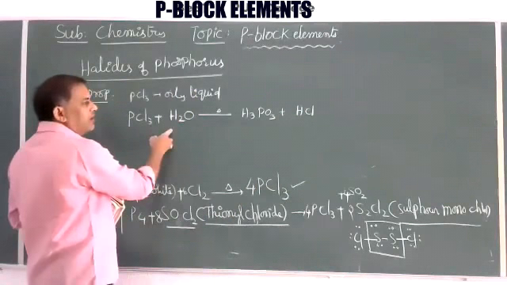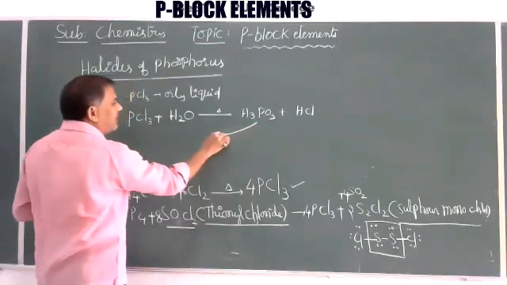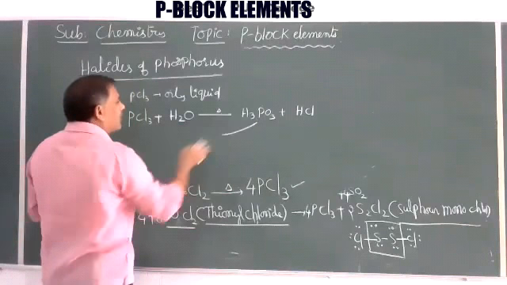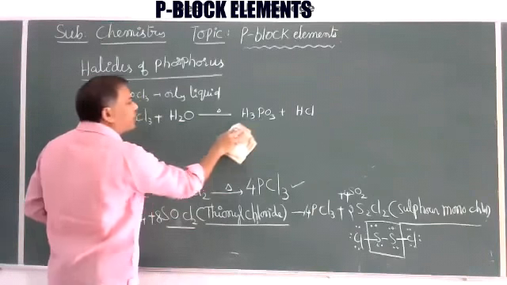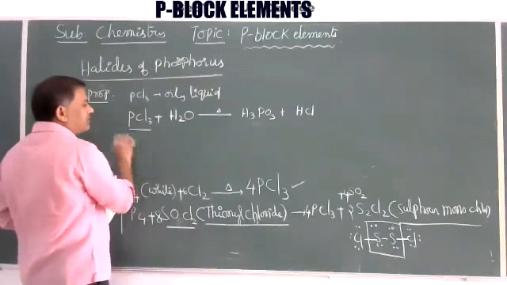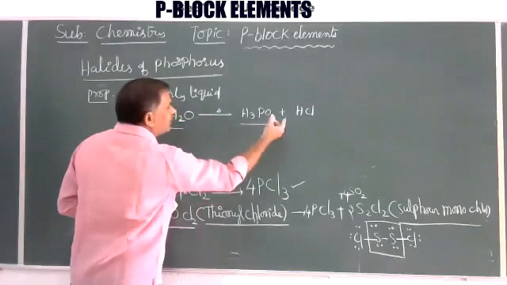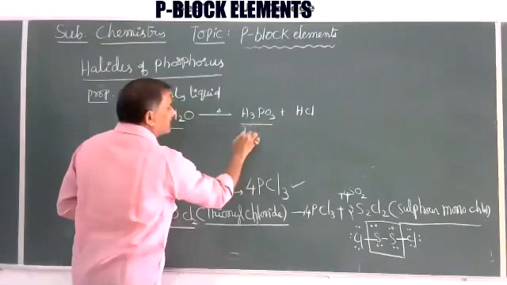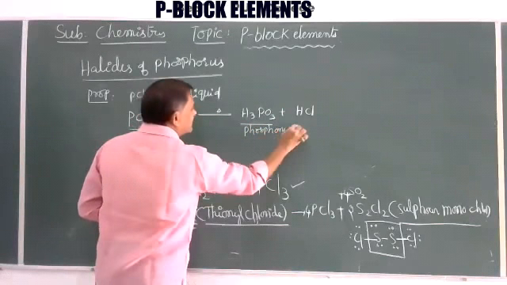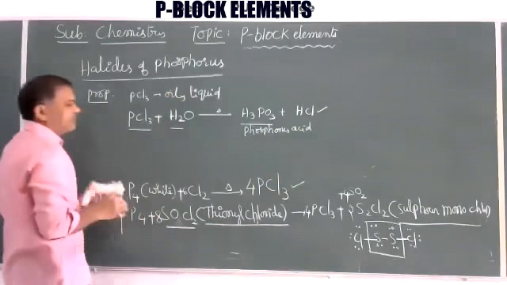Now the anhydride of phosphorus acid, or hydrolysis of PCl3 with water, gives the corresponding H3PO3 phosphorus acid. It is orthophosphorus acid, and hydrochloric acid is formed.